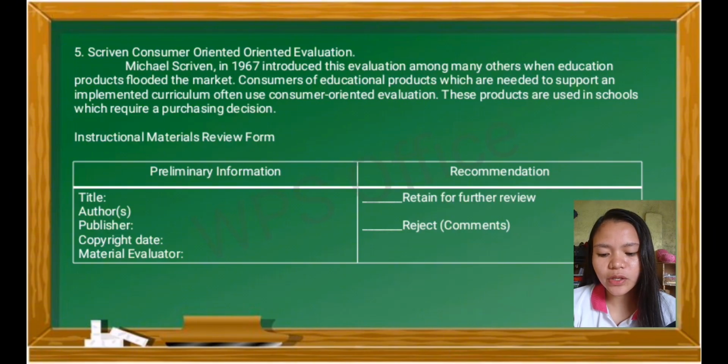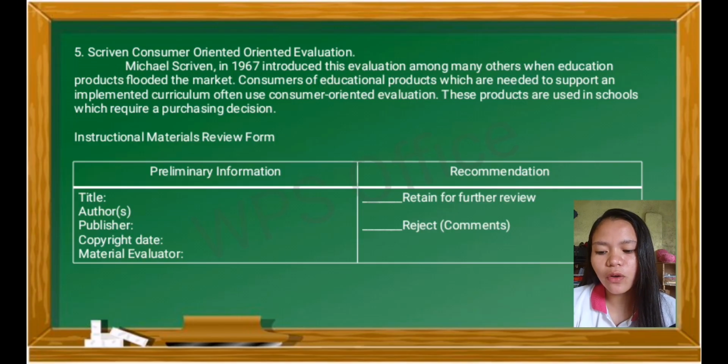Consumer-oriented evaluation uses criteria and checklists as a tool for either formative or summative evaluation purposes. The use of criteria and checklists was proposed by Scriven for adoption by educational evaluators.